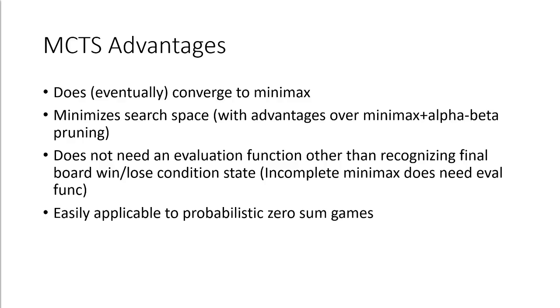So that's the advantage of especially Monte Carlo tree search in comparison to Minimax, and it's easily applied also to probabilistic zero sum games as well. Similar to expectimax with Minimax, you can have the same sort of strategy.